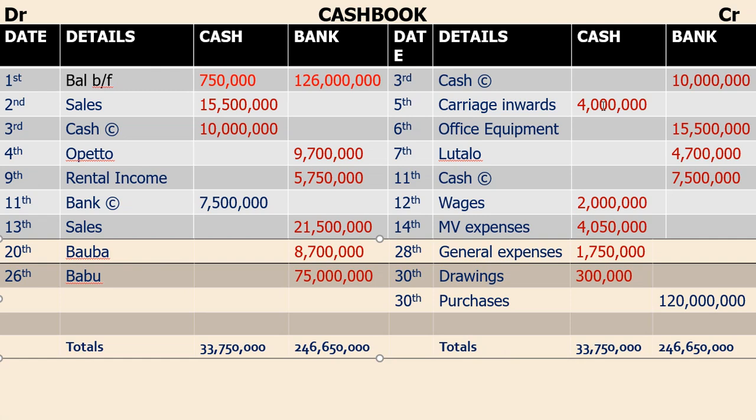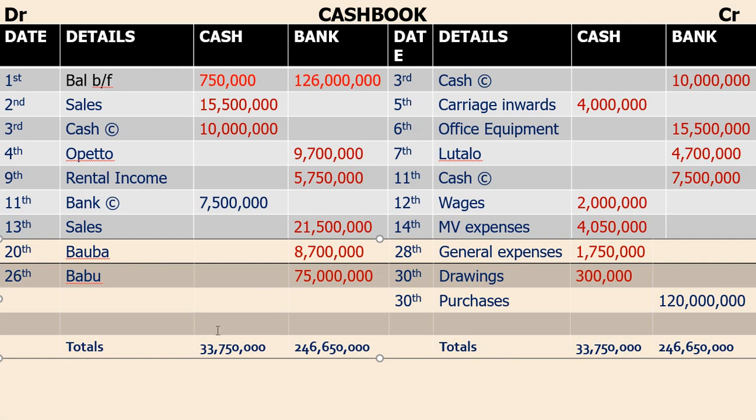We have 4 millions plus 2 millions plus 4.05 millions plus 1,750,000 plus 300,000. We have 12 millions 100,000.